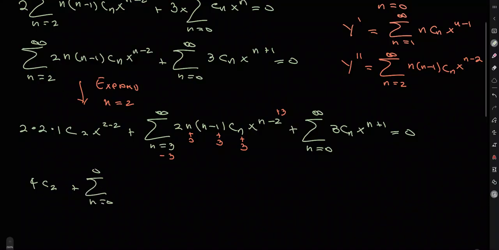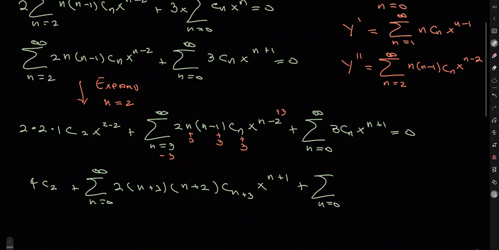Plus sigma n equals 0 to infinity of, be careful, 2 times n plus 3 times n minus 1 plus 3, that is n plus 2, c sub n plus 3, x to the n plus 1, plus sigma n equals 0 to infinity of 3 c sub n x to the n plus 1. Let that be equal to 0.